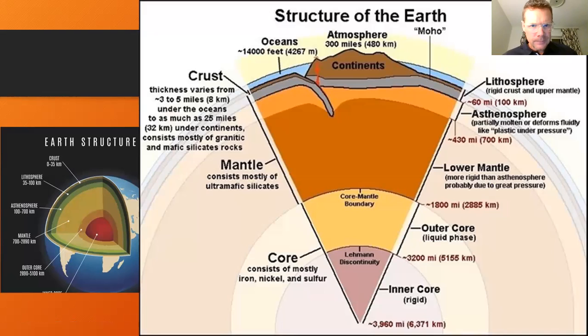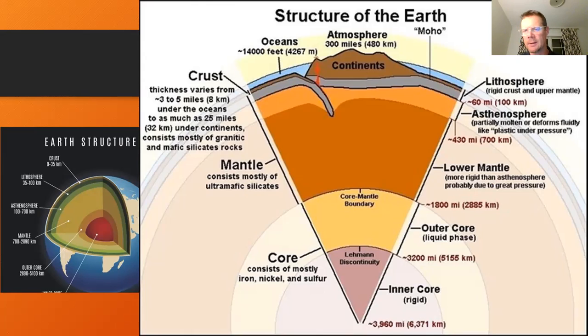The mantle consists mostly of ultramafic silicates. Again, our mantle is a semi-solid, like a plastic rock, like we talked about last week. And then we have our core, the outer core, and the inner core.